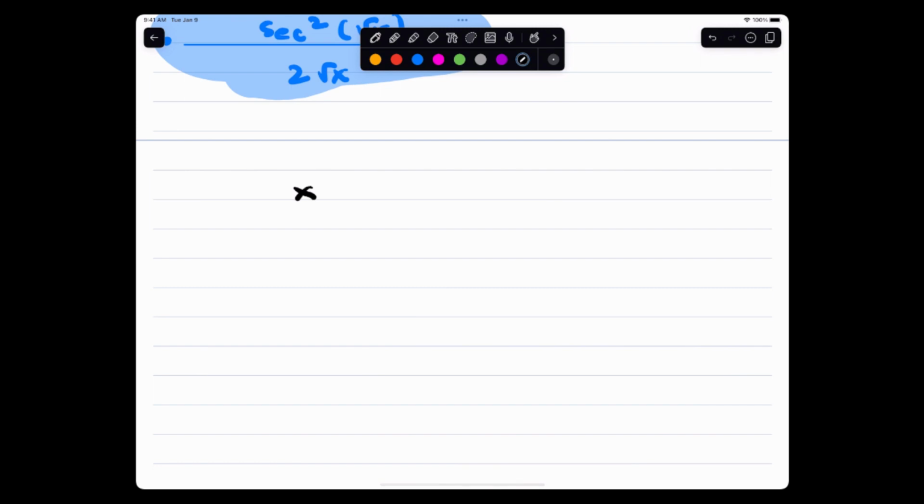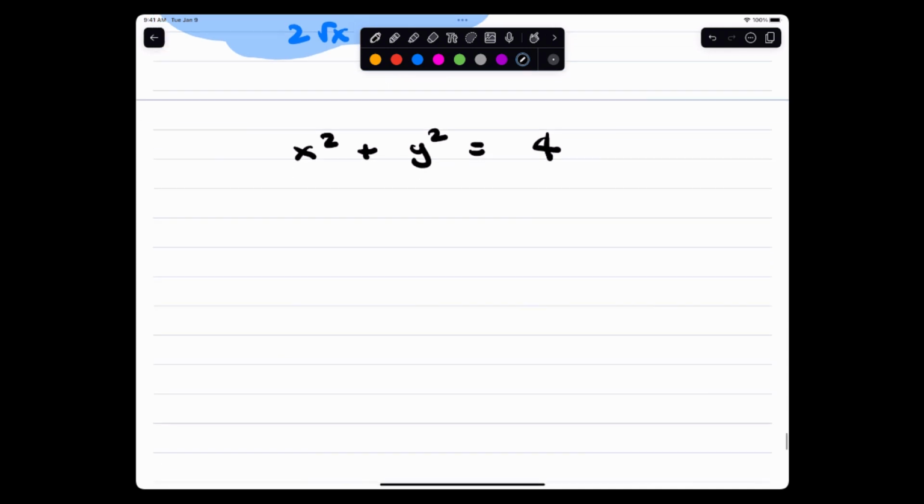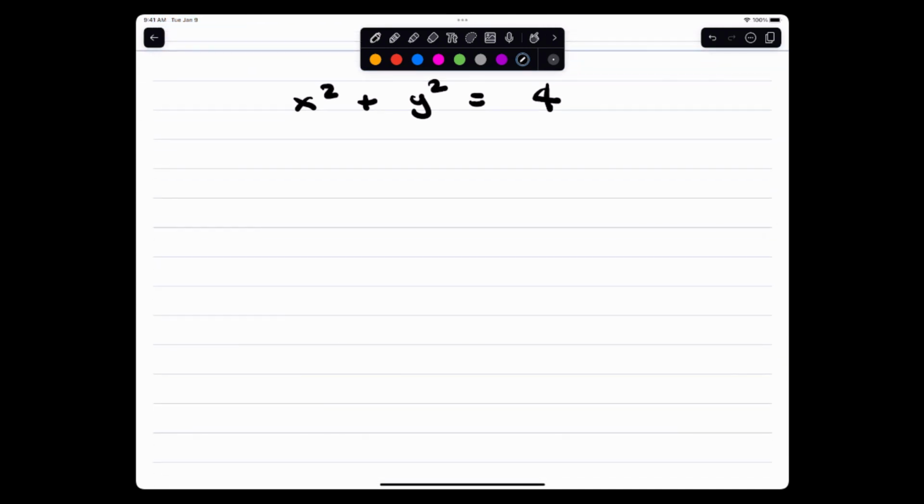So, to remember something here. This is the second reason I'm doing this, okay? Does anybody know what this is? If I write down x squared plus y squared equals 4, do you guys know what that is, by any chance? Thank you.